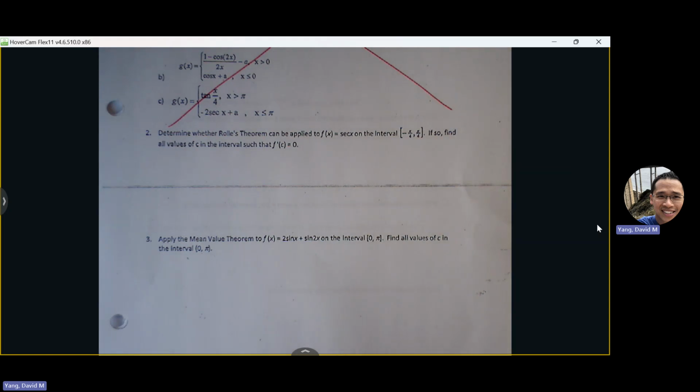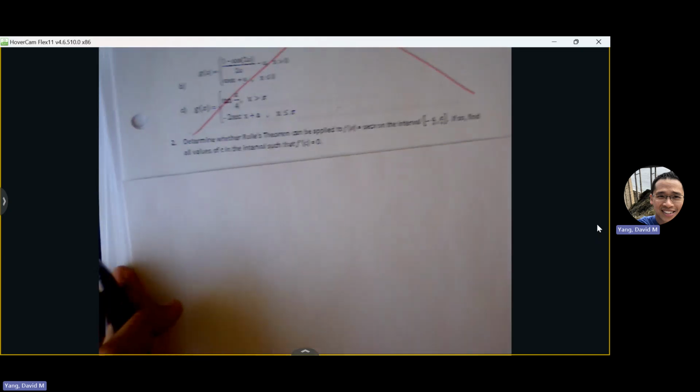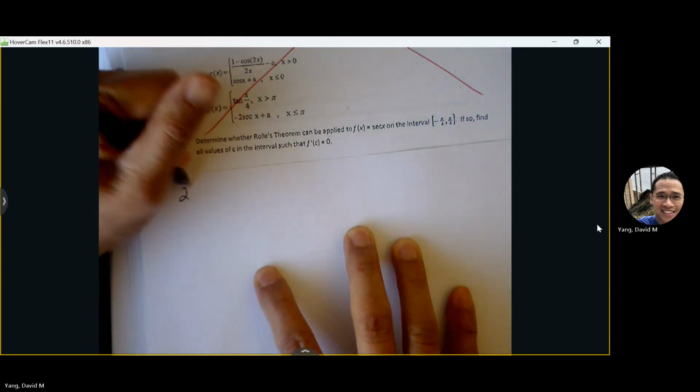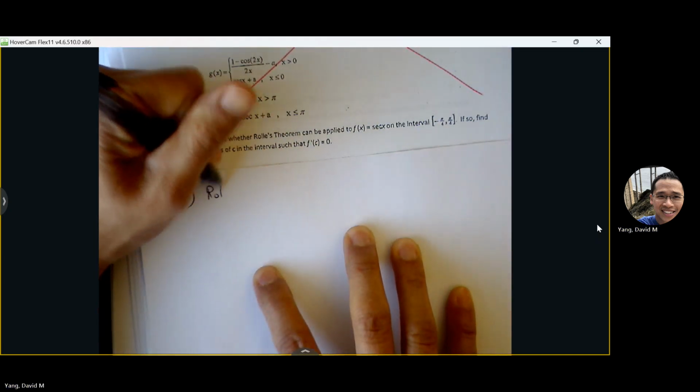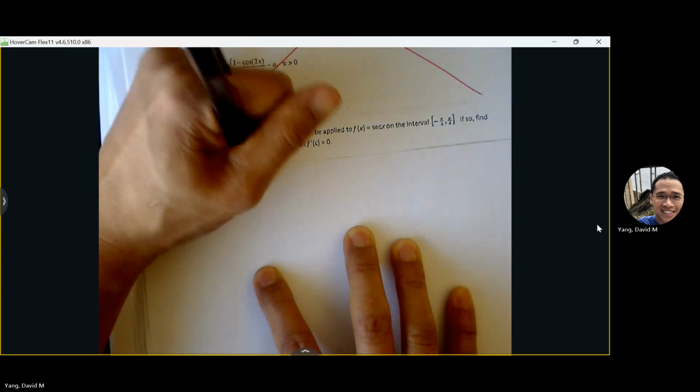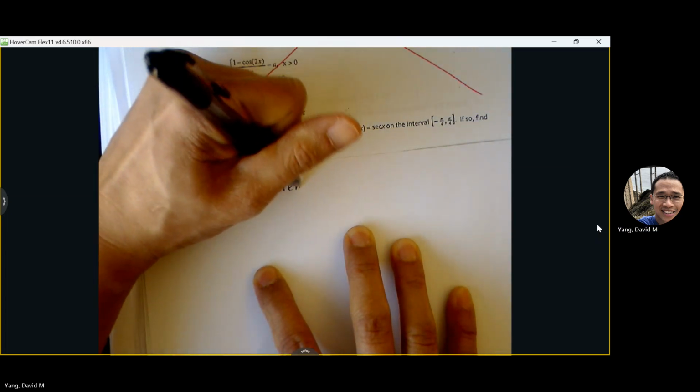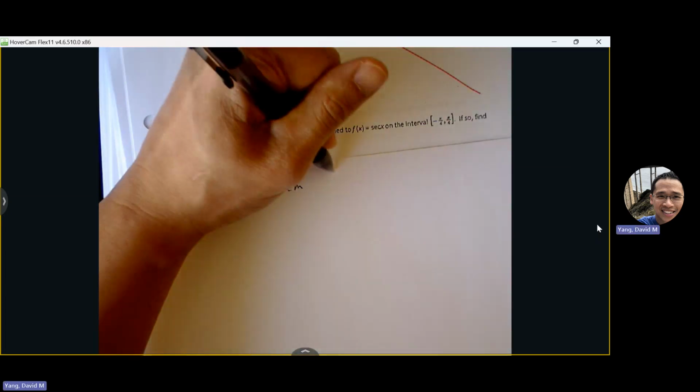It's just that the slope between the two endpoints has to be 0 in order for us to move forward with Rolle's theorem, but it starts off the same way. Same formula, same conditions.